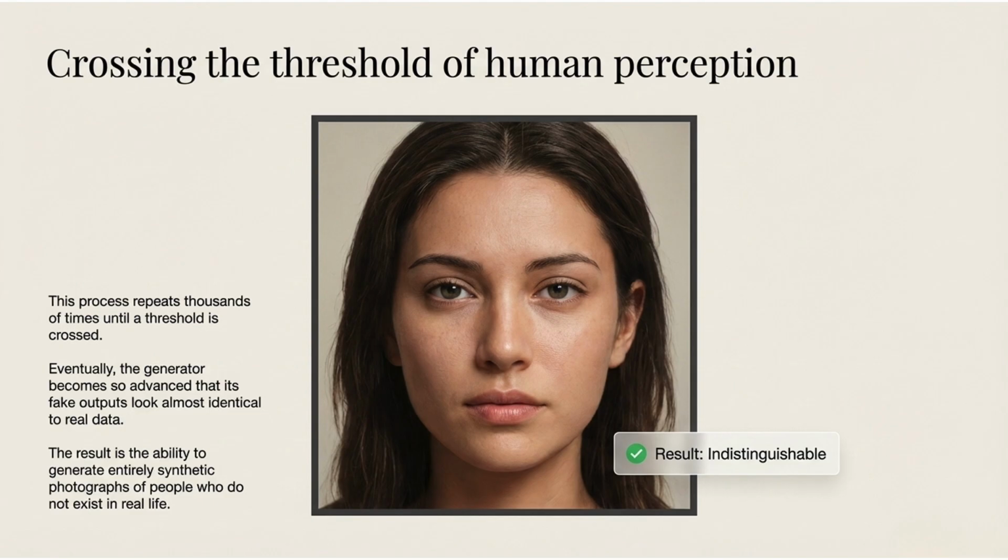In some cases, the generated images can look almost identical to real photographs. This means the system can create completely synthetic faces or objects that do not exist in reality. Such capabilities demonstrate the remarkable power of adversarial learning models.